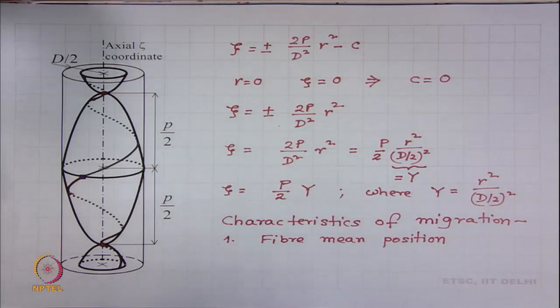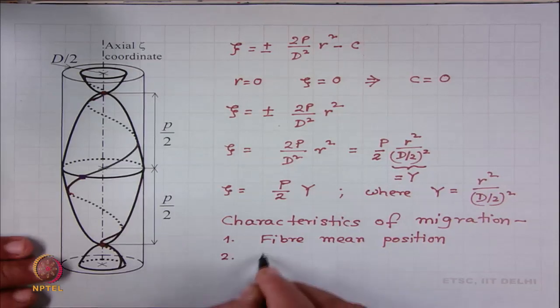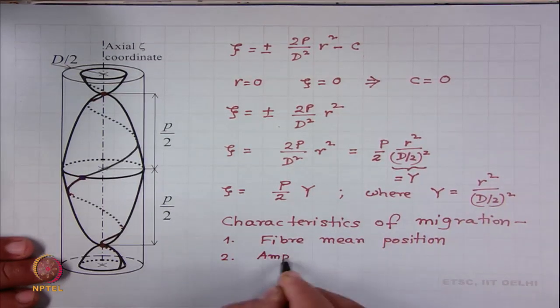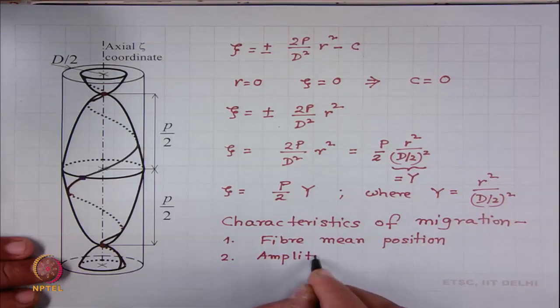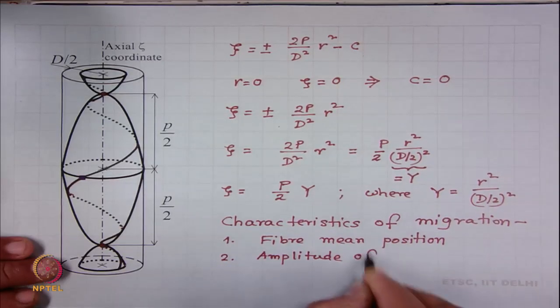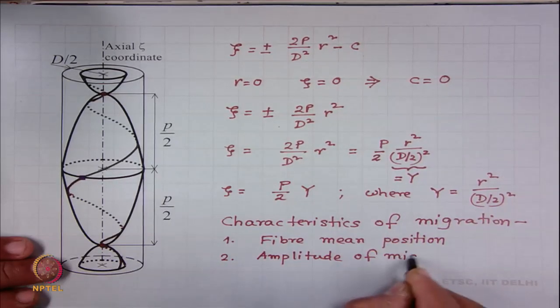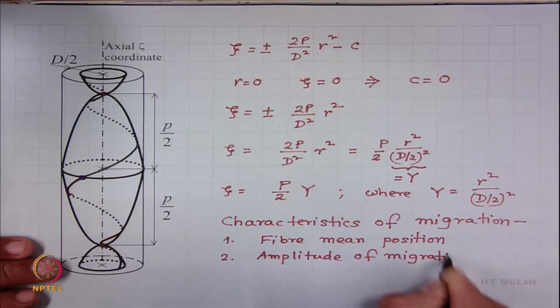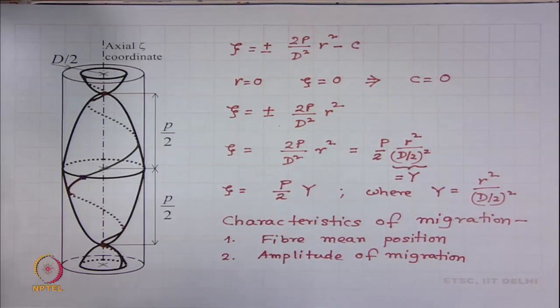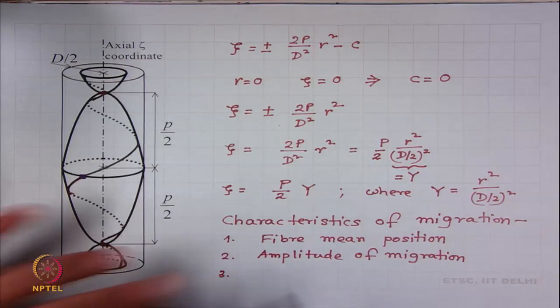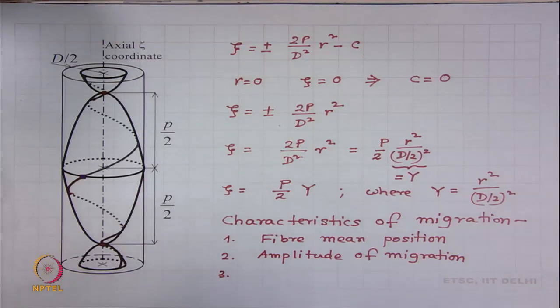Second is the amplitude of migration. Third is the intensity of migration.